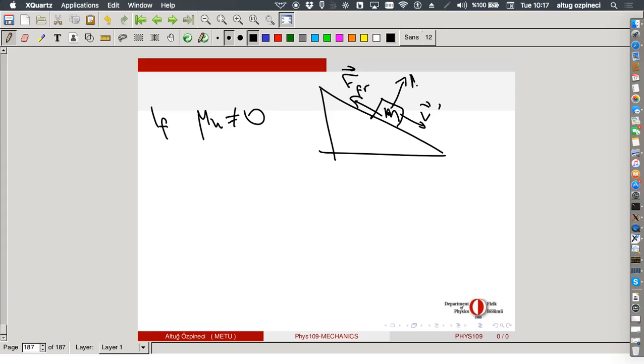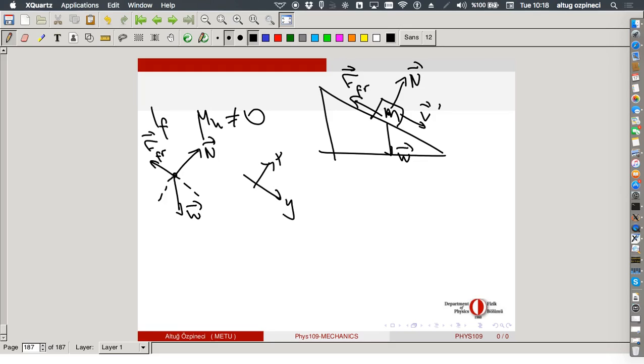There is the normal force, and there is the weight. So if we draw the free body diagram, this is the friction force, this is the normal force, this is the weight. So let us just choose our axes, x-axis, y-axis. The x-axis is in the direction of the normal force. So the normal force is N in the x direction.